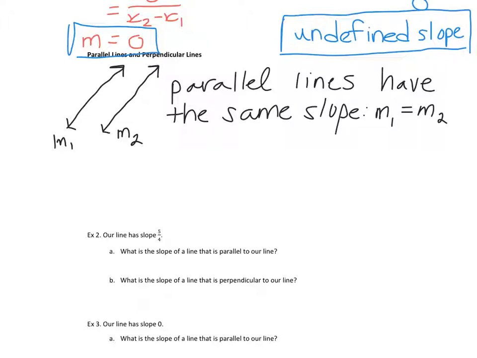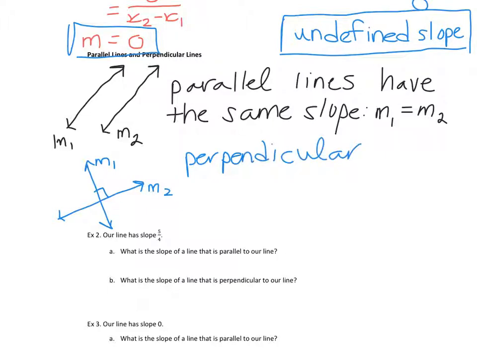All right, and then we have perpendicular lines. Perpendicular lines meet at a 90-degree angle. We can think of the slopes as being opposites. That's why they're meeting at that 90-degree angle.